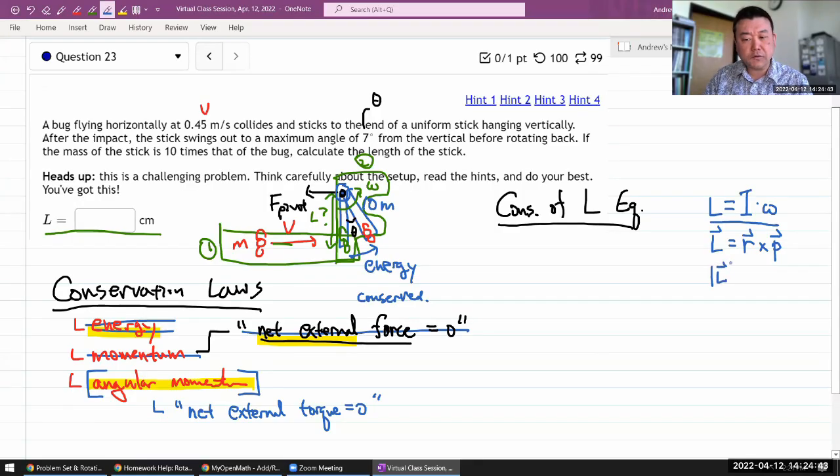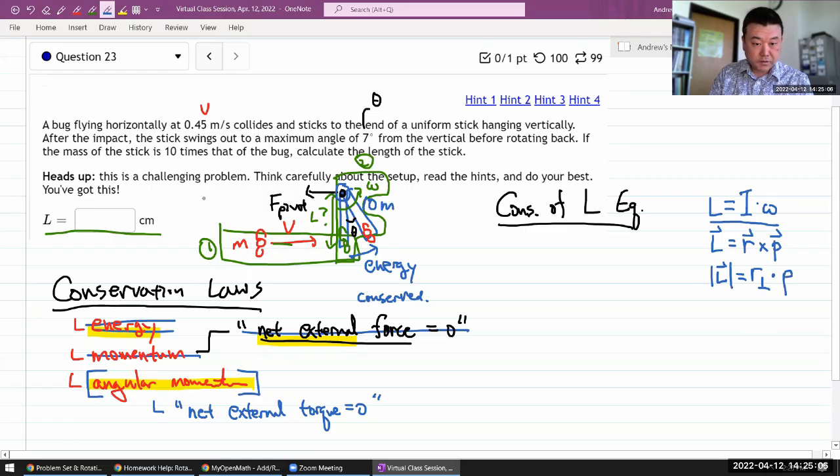The magnitude of angular momentum is r p sine theta. I can group together r sine theta to say that's the perpendicular component of the displacement vector, also known as the lever arm, times the magnitude of momentum.